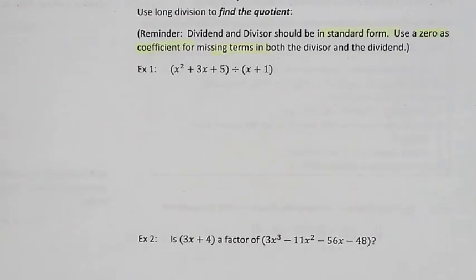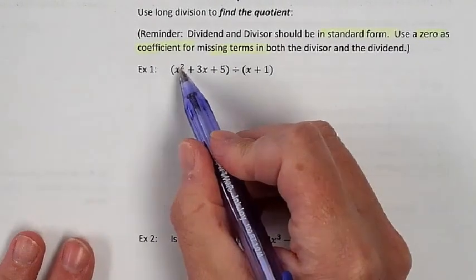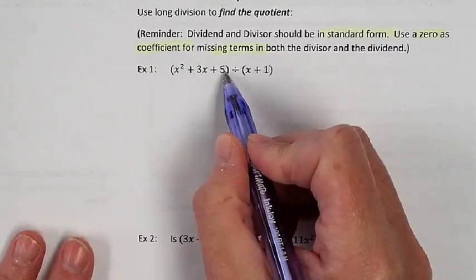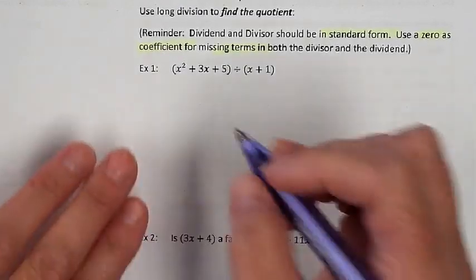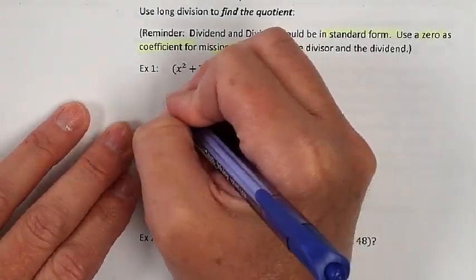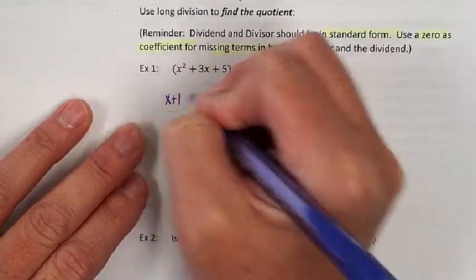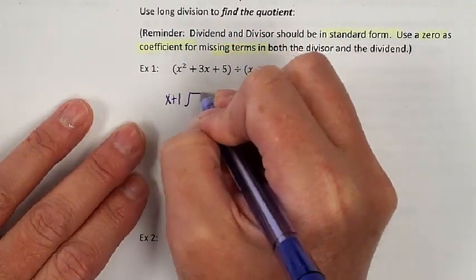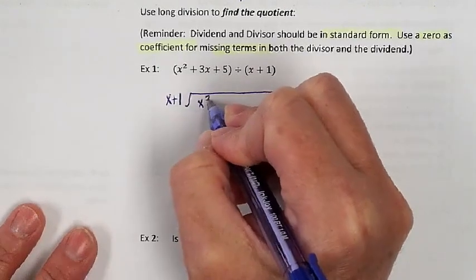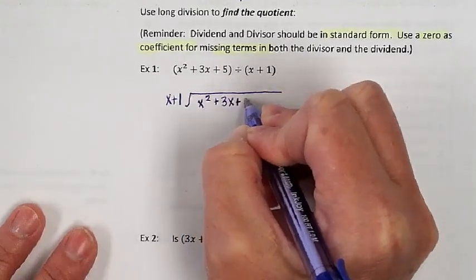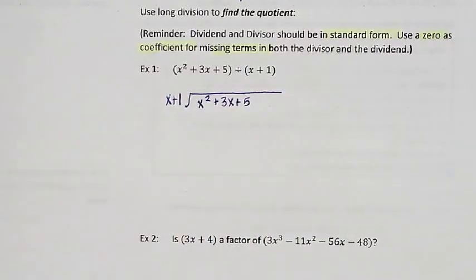So if I look at my first example, x squared plus 3x plus 5 divided by x plus 1. So let's see if I need to fill in any missing terms. Highest here is squared, then x, then no x, standard form. X plus 1 is standard form, not missing anything. So since we're dividing by x plus 1, that is what is going to go on the outside. Then your x squared plus 3x plus 5 goes on the inside.